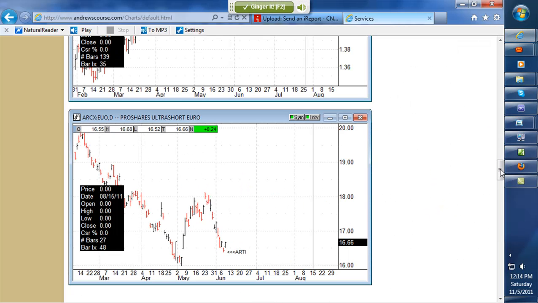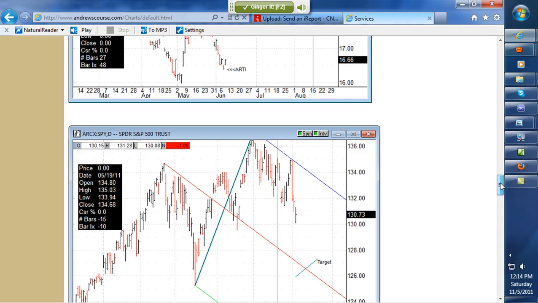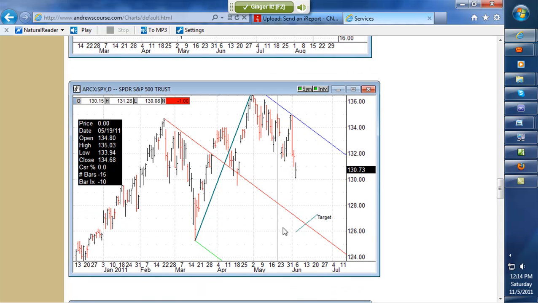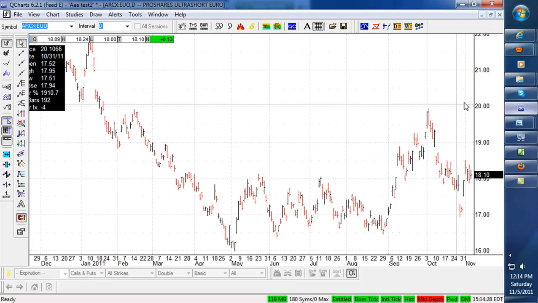And let's see. Okay, so let's say this, knowing this much information, had a target of here. And prices were at 130 in June, and let's see what target was hit, which was probably a little bit later maybe in July, later in June. Okay, that would be SPY.